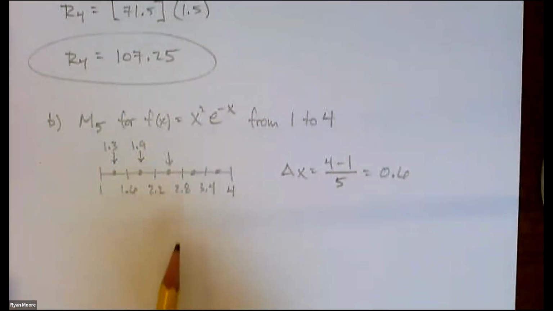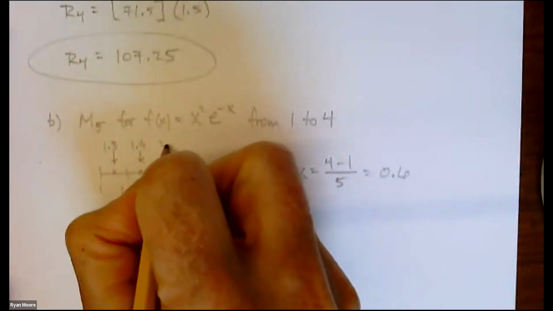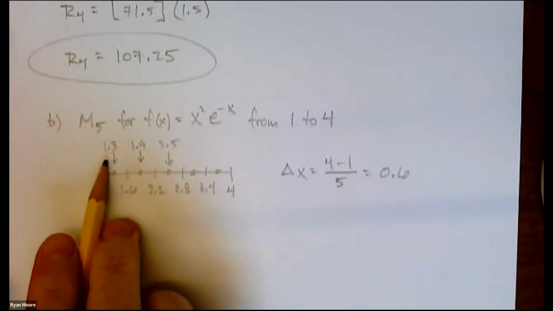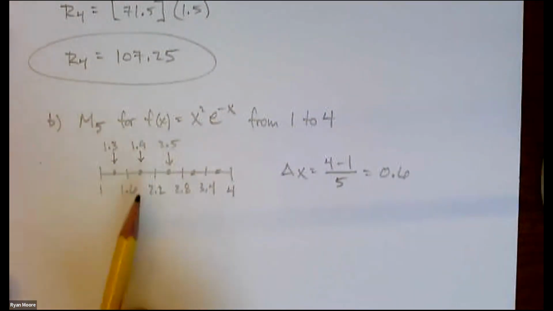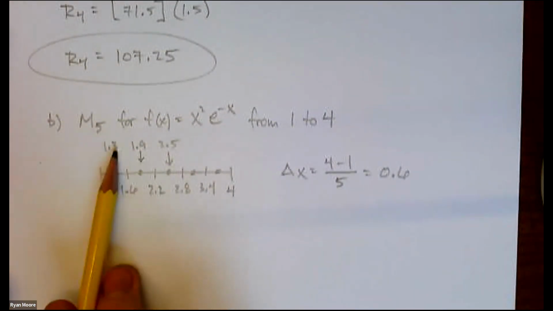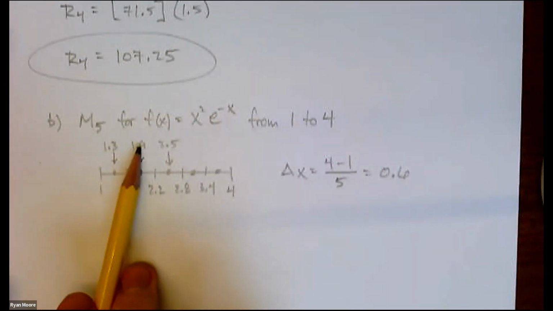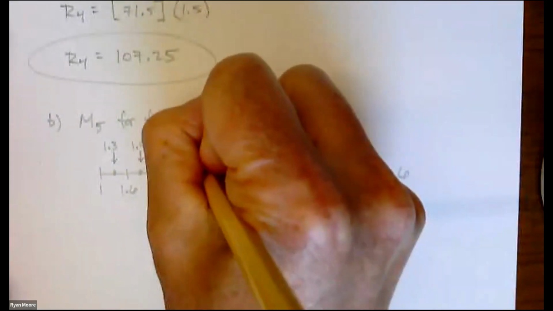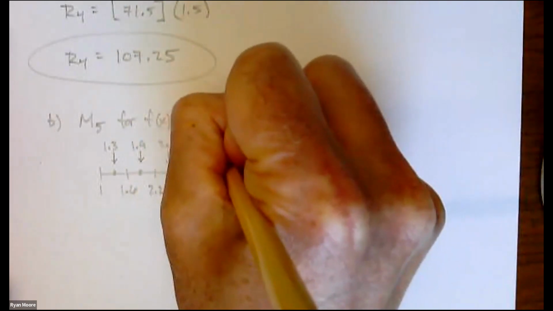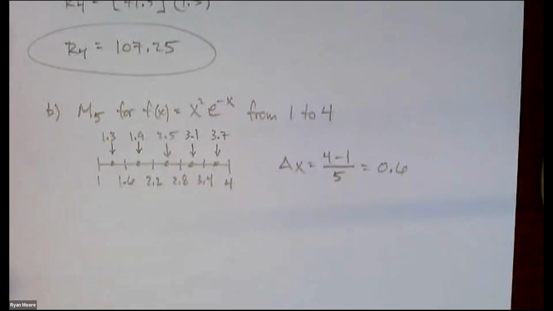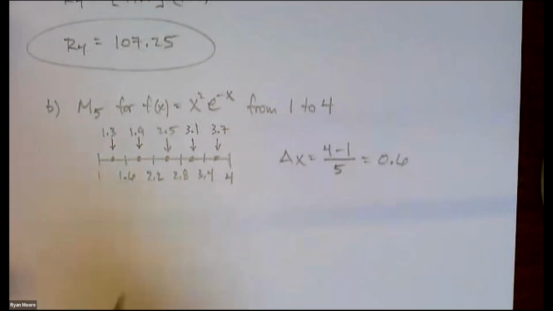The next one is at 2.5. Once you find the first one, then you can add that delta x, because that is the full width at that point. Add 0.6, add 0.6. This one would be 3.1, and finally 3.7. That looks good. So that's our x1, x2, x3, x4, and x5.